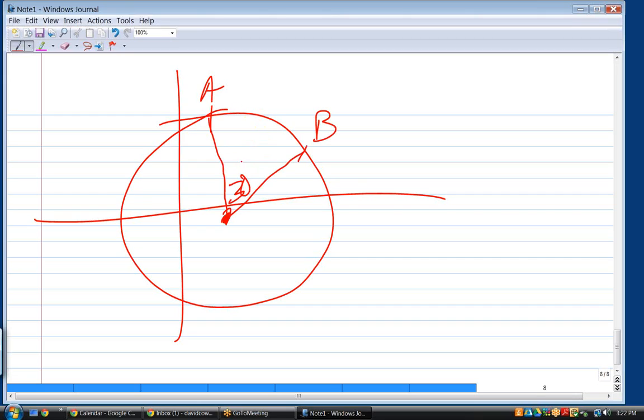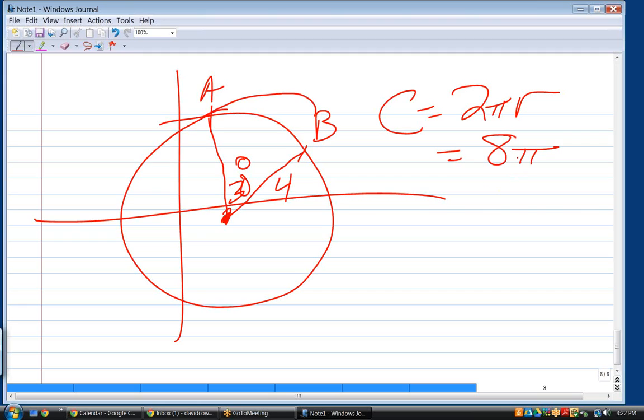Arc length. What's the radius? 4. What's the total circumference of this circle? What's the general formula for circumference? 2 pi r. Okay, so in this case, it's 8 pi.